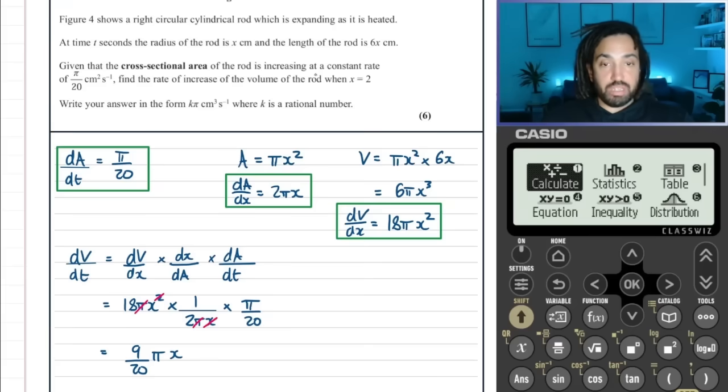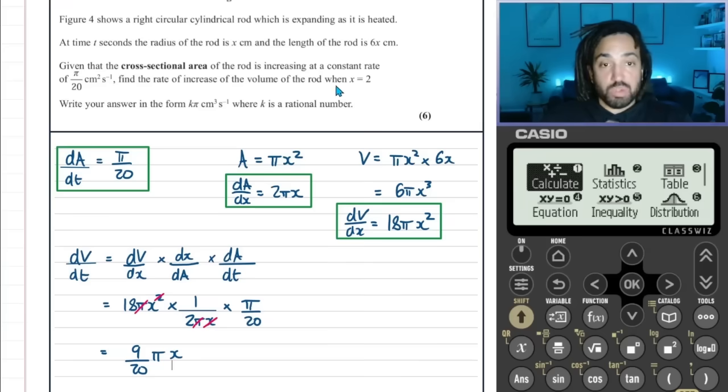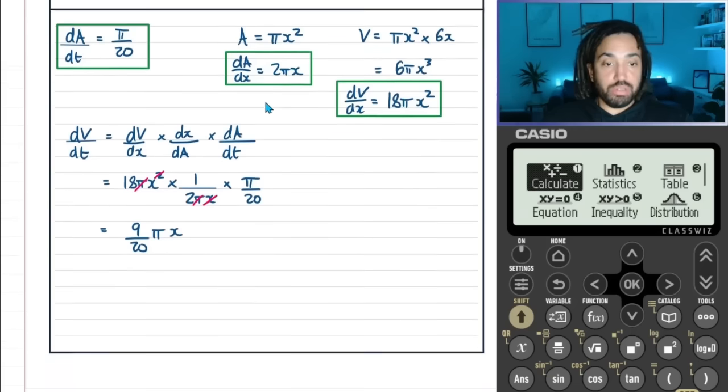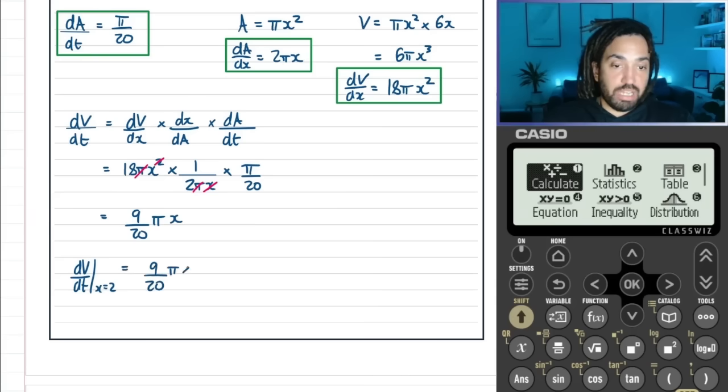Now, the question says that we want to find the rate of volume at a particular given x value, so x is equal to 2. So we can just say that dV by dt when x equals 2 is equal to 9 over 20 times by pi times by x is 2.